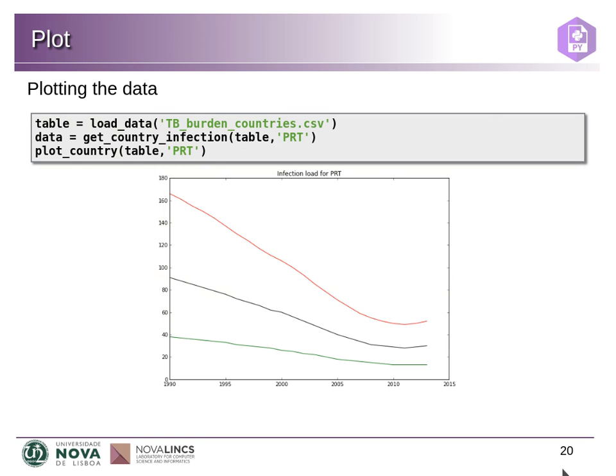So this is what we get. We load the data. We call the function plot country with this table, with all the data and the code. Actually, this line here in the middle is not doing anything because it was part of the rest, probably a copy-paste effect. But all you need is to load the table and then call the plot country function.